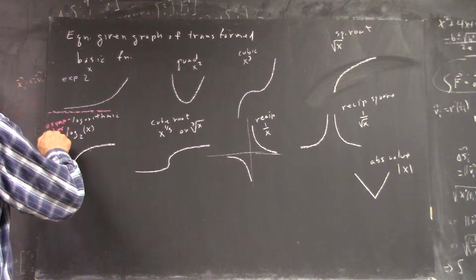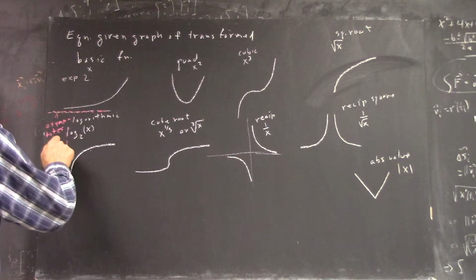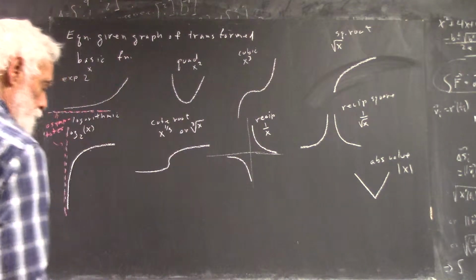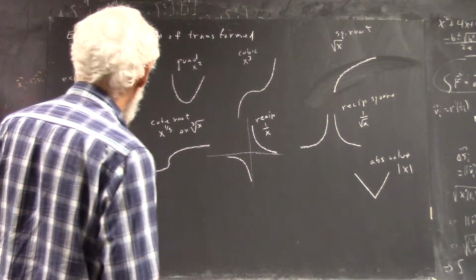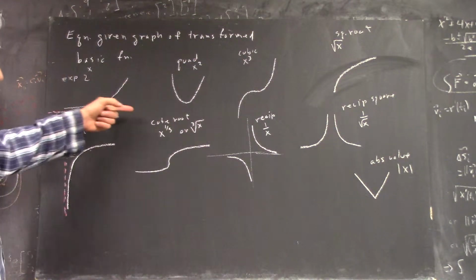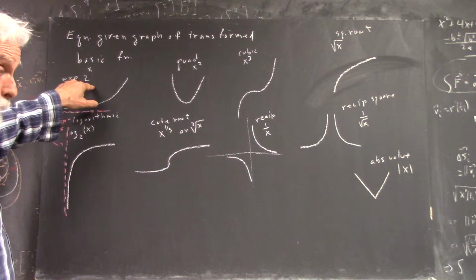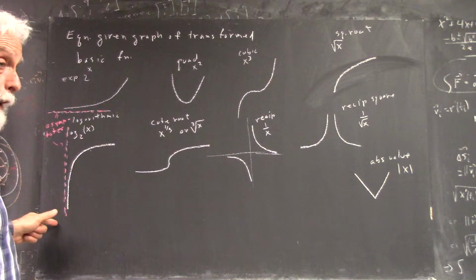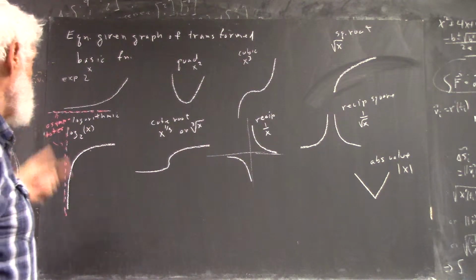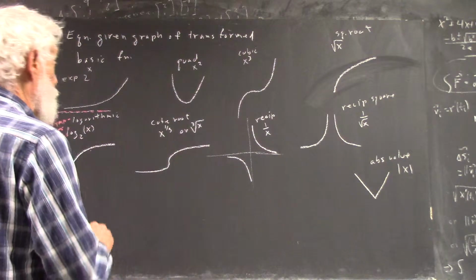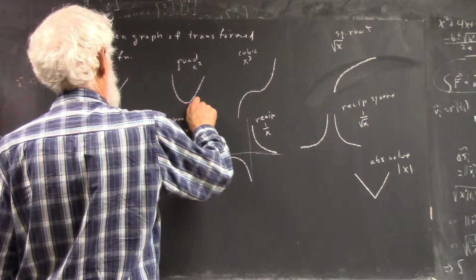Asymptotes help you figure out where these graphs are and so forth. Now, obviously, the asymptote would be the x-axis for the basic exponential, and the asymptote would be the y-axis for the basic logarithmic. Okay?